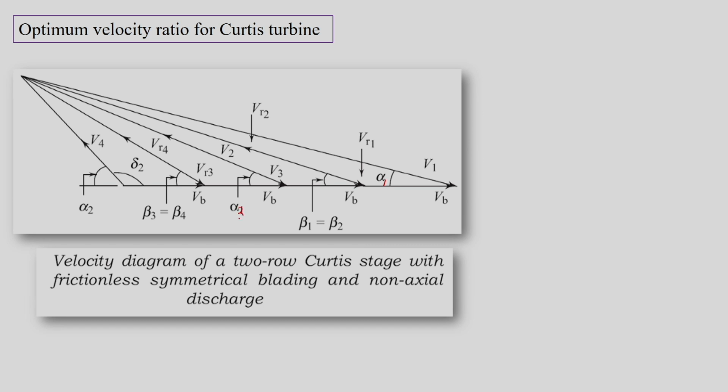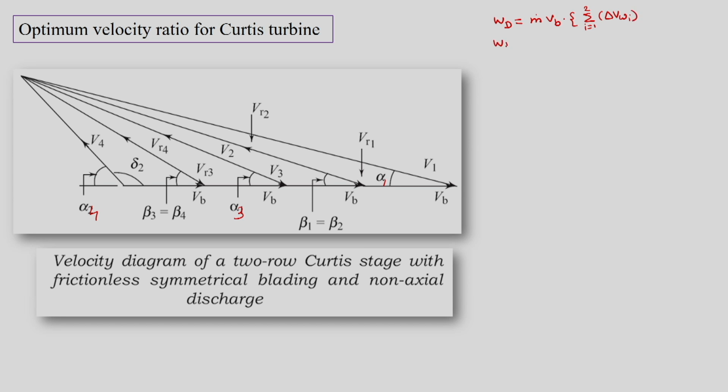So, this is alpha 3 and this is alpha 4. For this, we now know how to write down the formula for total work done, which is WD is equal to m dot into VB into the sum over i equal to 1 to 2 of delta VWi.